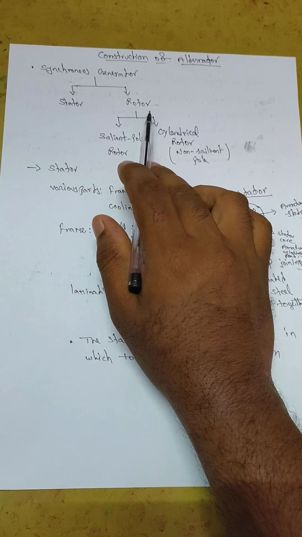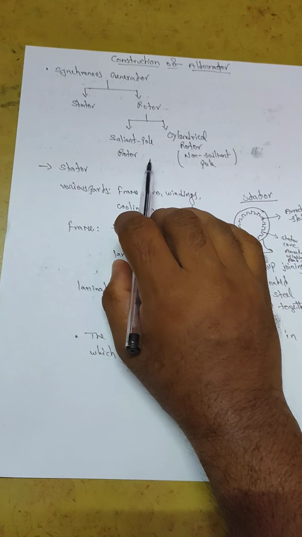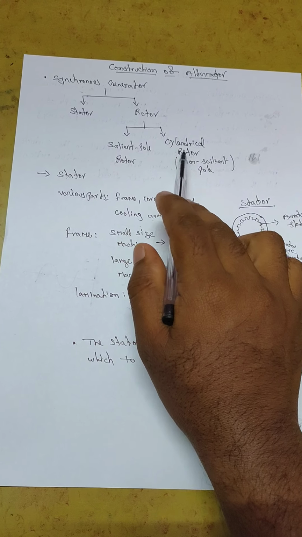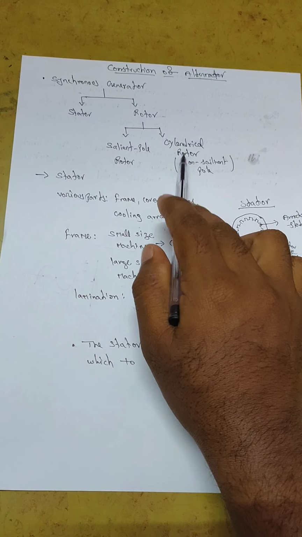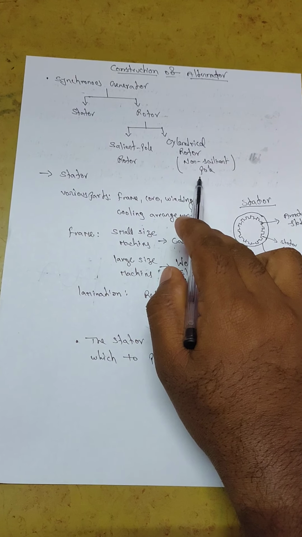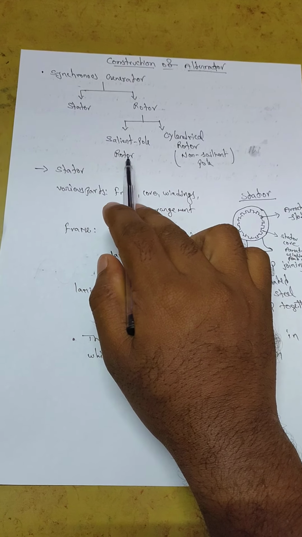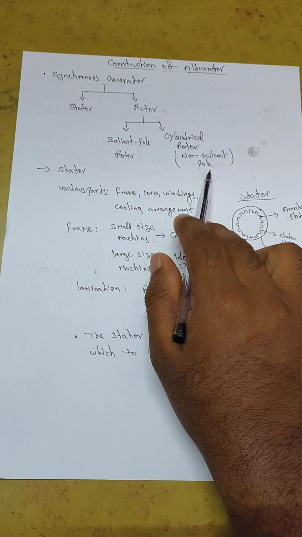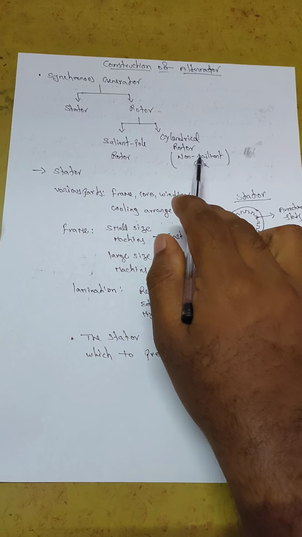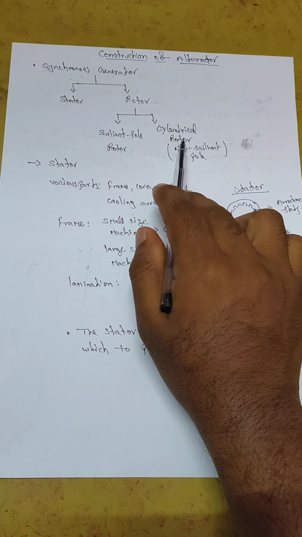The rotor again has two types: the salient pole rotor and the cylindrical rotor. Another name for the cylindrical rotor is the non-salient pole rotor.